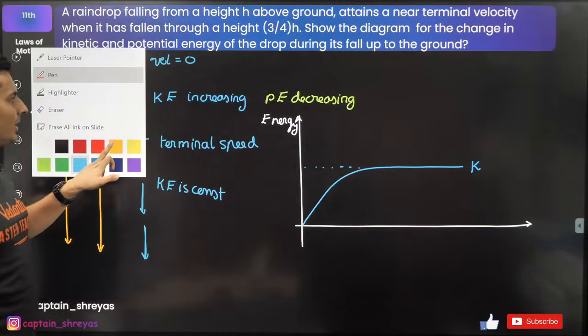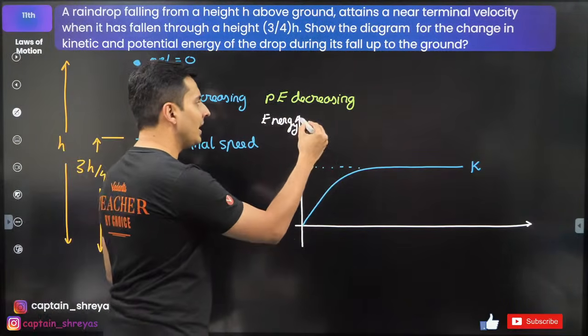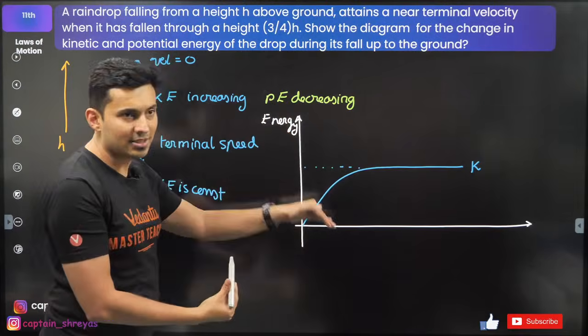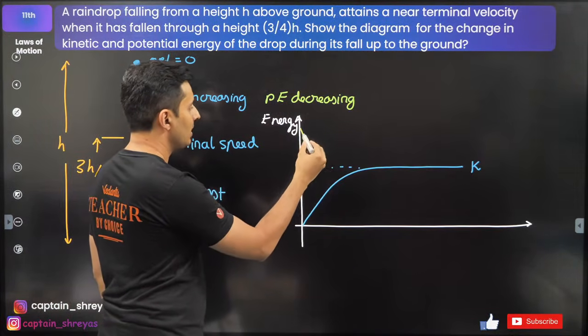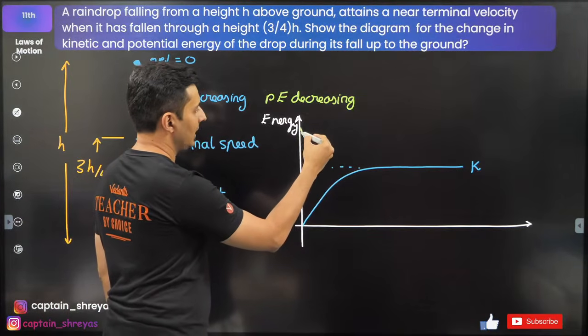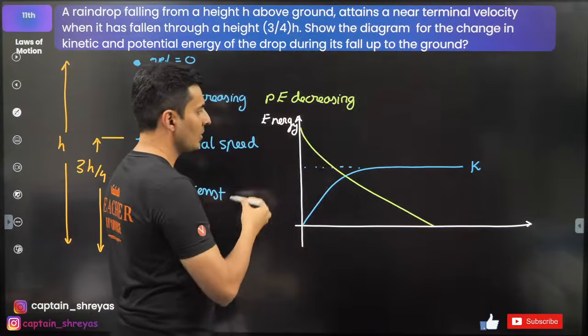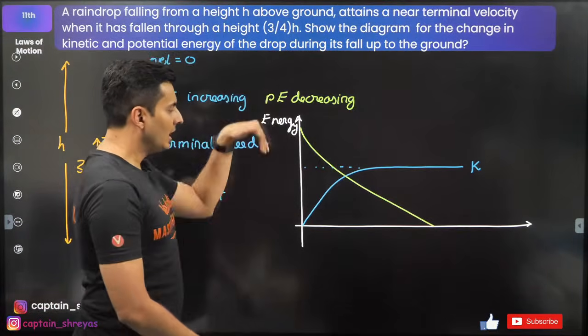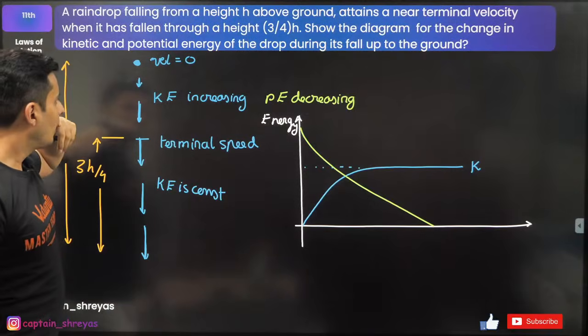Whereas the potential energy graph obviously will decrease continuously. Initially it will decrease faster, maybe like this, and then it will become constant like this. It decreases faster initially because it is coming down.